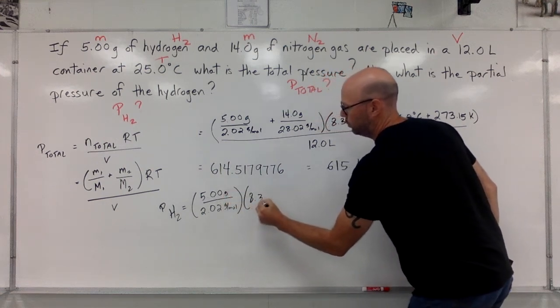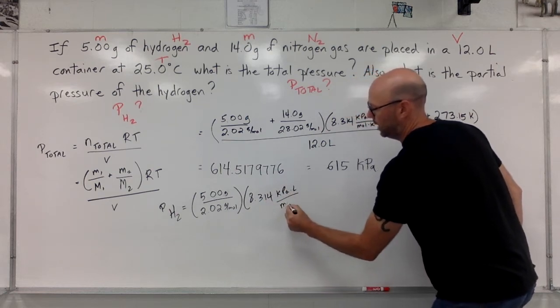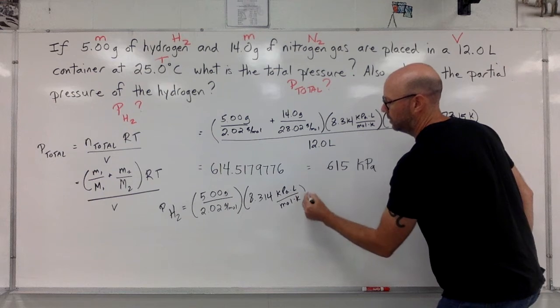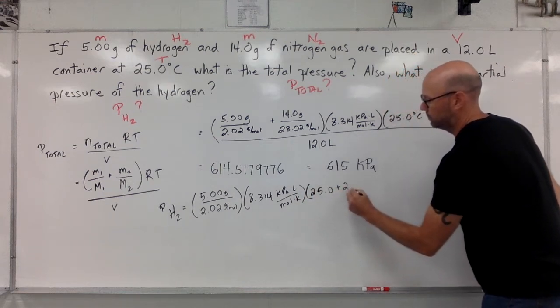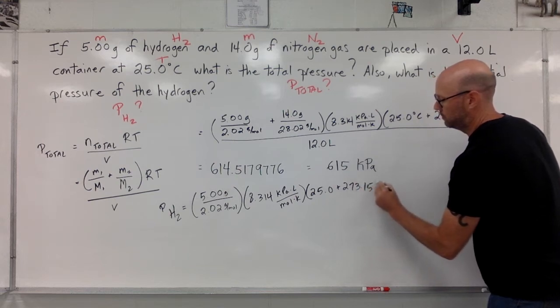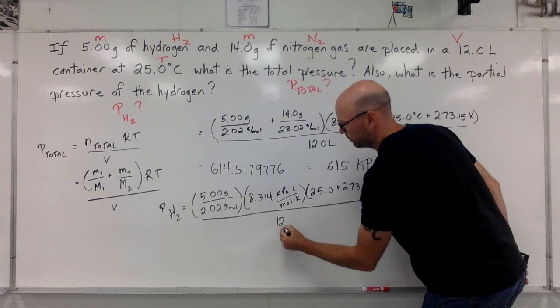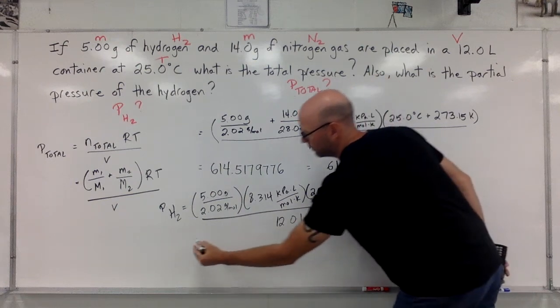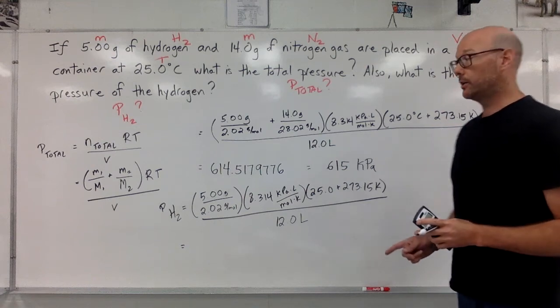Times 8.314, the ideal gas constant, times the temperature, over the volume. Before we work it out, just look at the difference between these two calculations.